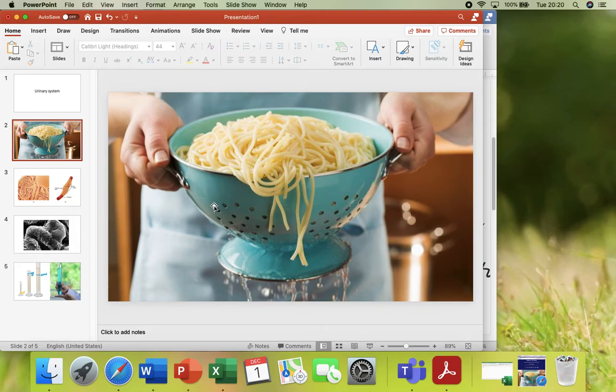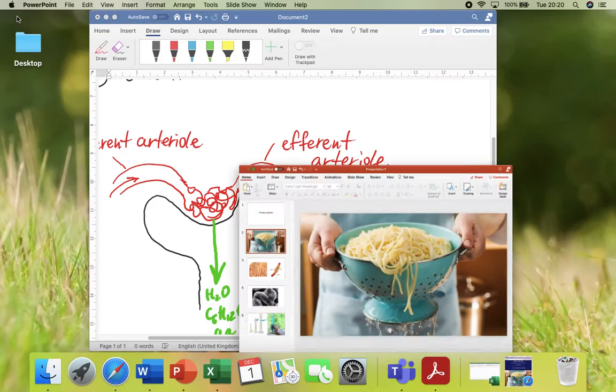So I need something similar. I need some kind of membrane, some kind of barrier which stands in the way of bigger stuff getting through, and at the same time, holes of a certain size which would allow glucose and water to get through. So what is my system of barriers in a nephron?